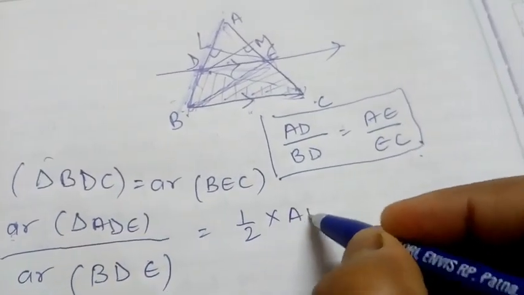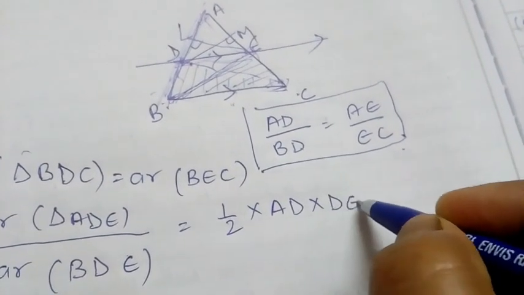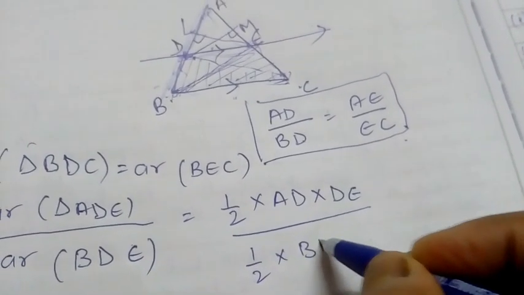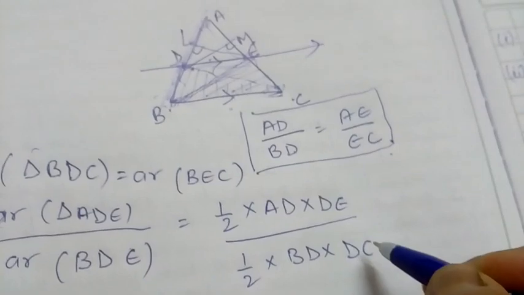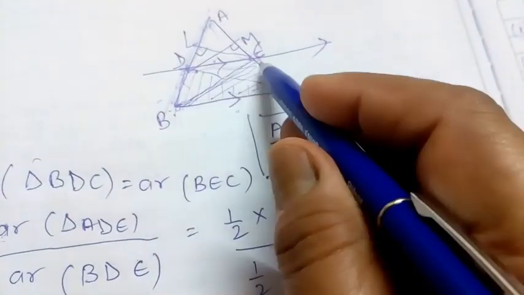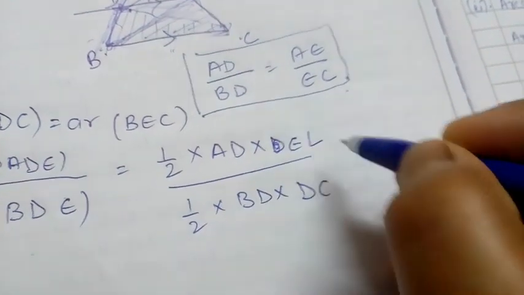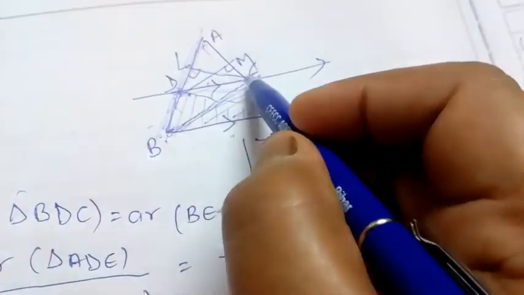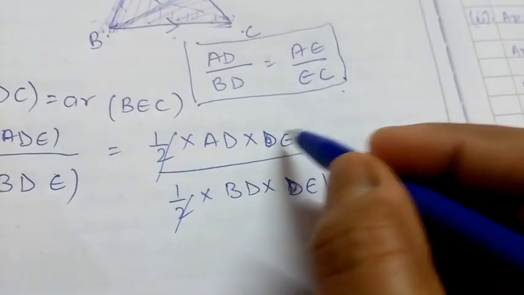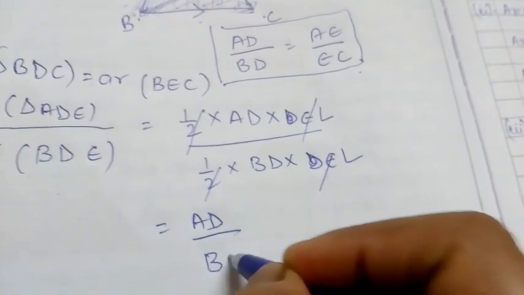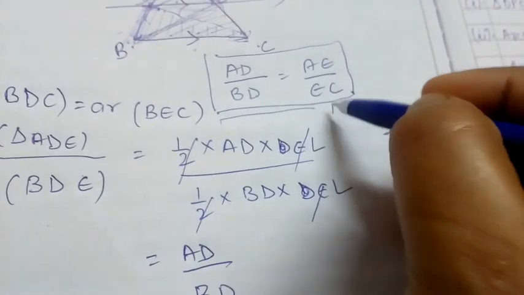The base is AD, and the height is EL, the perpendicular. For the other triangle, 1 by 2, the base is BD and the height is EL. Cancelling 1 by 2 and EL, we get AD upon BD.